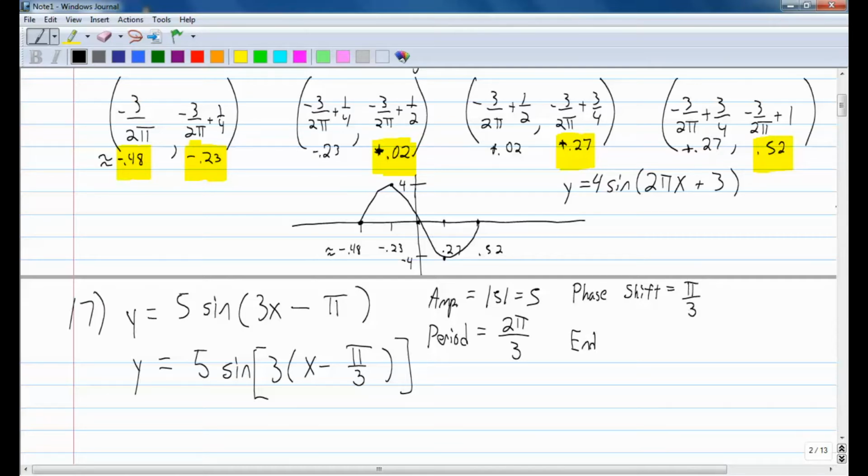My ending point, I'm going to end at my starting point plus my period. So I'm going to start at pi over 3. My period gives me the length of my graph. So if I'm starting at pi over 3 and add 2 pi over 3 to that, that'll give me where my graph's going to end, which is 3 pi over 3, or just pi.